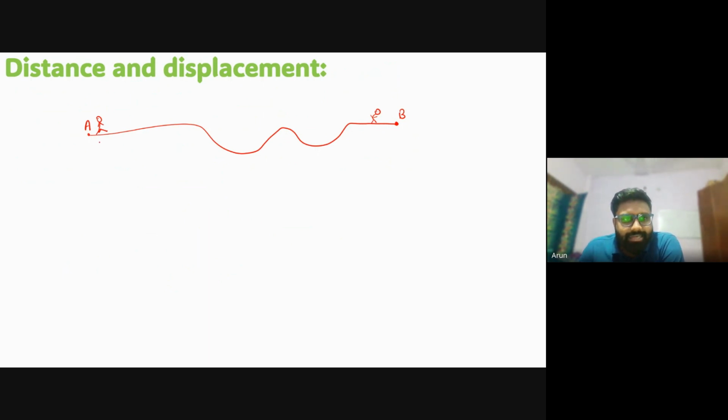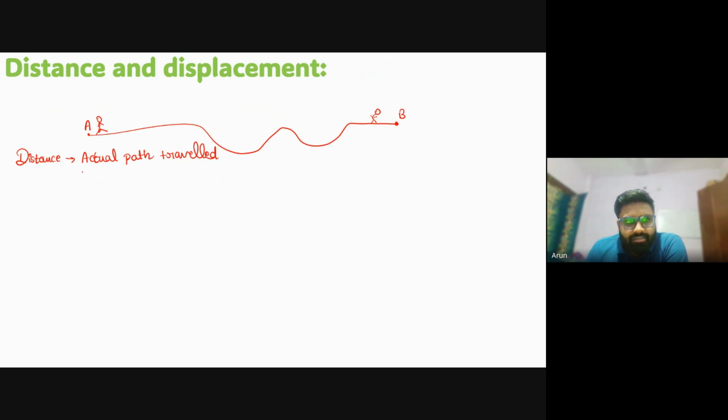So let's say what distance is. Distance is the actual path traveled.